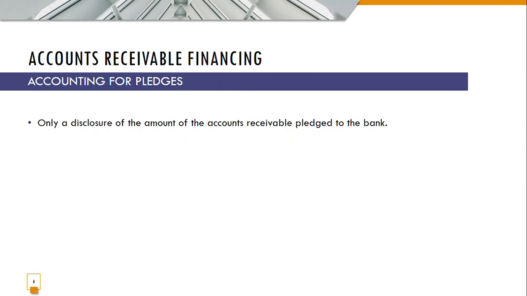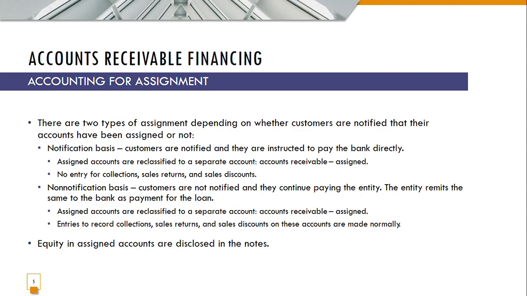Accounting for pledges is the easiest, since you only need to disclose the amount of the accounts receivable that you have pledged to the bank. Assignments, on the other hand, you have to account for in your books.